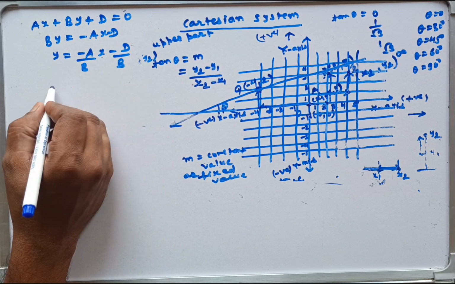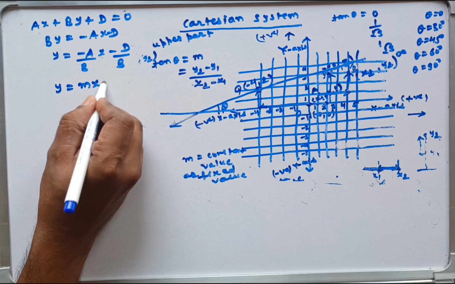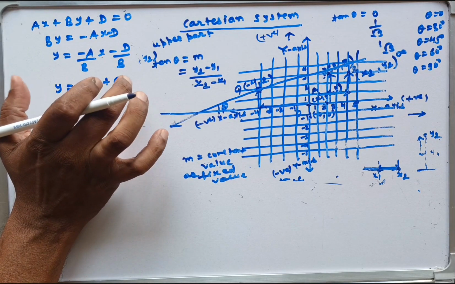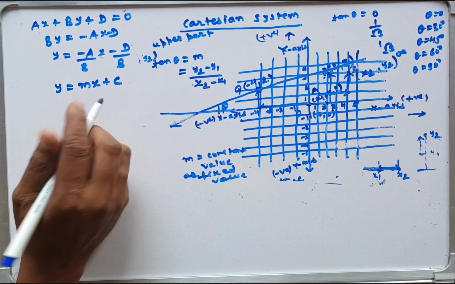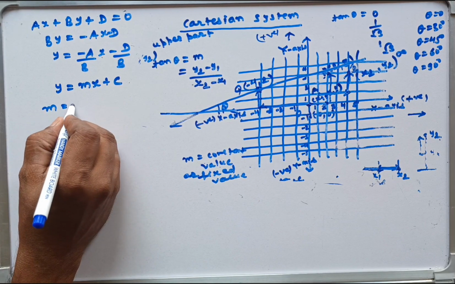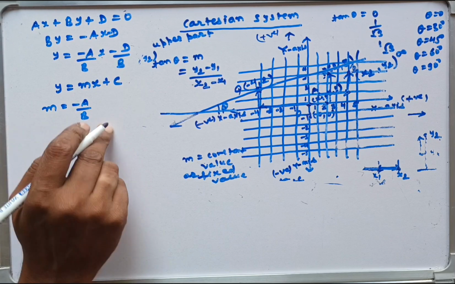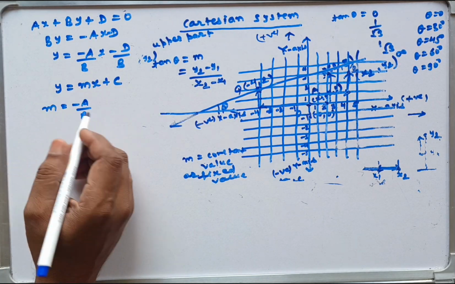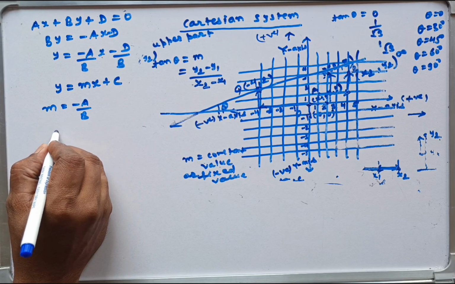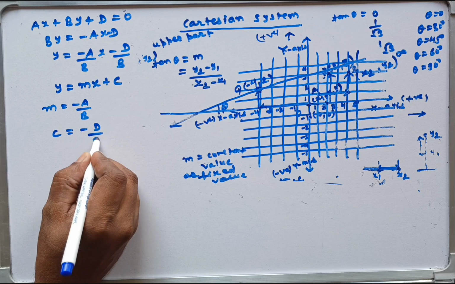You know y equals mx plus c is the general equation of a straight line. So in this case m will be minus a by b, which is the slope of the straight line, and the constant value will be minus d by b.